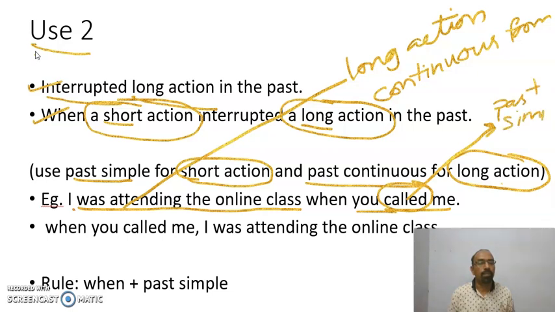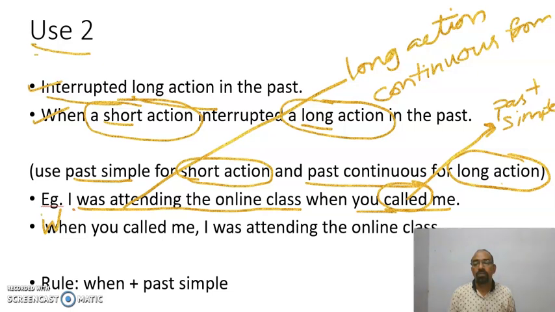You must remember past simple. Another way we can represent this sentence. When you called me, write here W capital. When you called me, I was attending the online class.